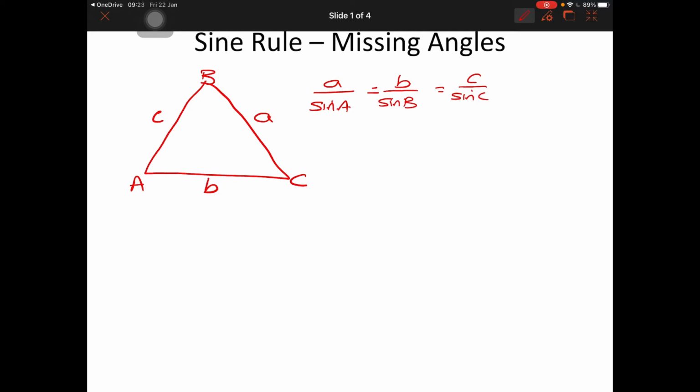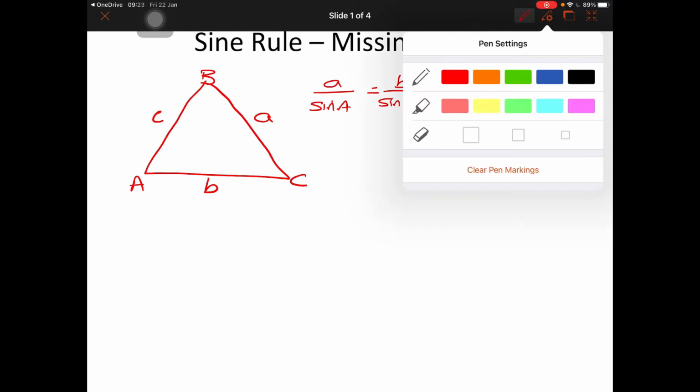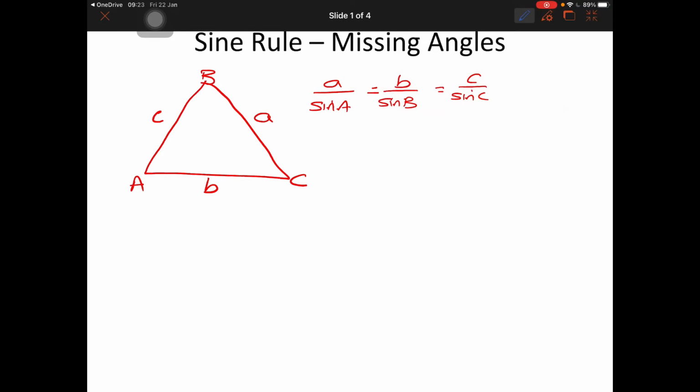Now the only change I am going to make to our formula is simply to make it a little bit easier when we've got to find missing angles. Because this all relates to proportions and ratios, when I'm doing the division, if I flip every single one of these over, that relationship will stay the same. So I'm now going to use, for angles, sine A divided by a is the same as sine B divided by b is the same as sine C divided by c.